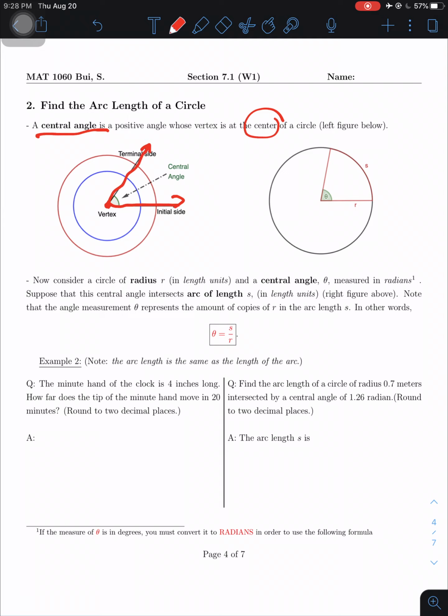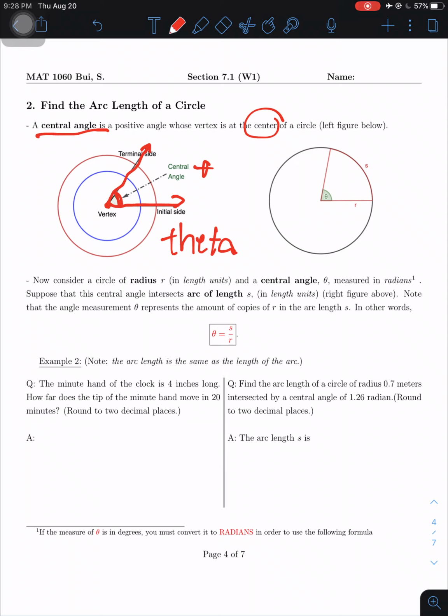The gap in between is not just an angle anymore. It is a central angle. We call it theta. For some of you who ask how to write theta, it's a Greek letter for angle. All right, that's the definition of the central angle.